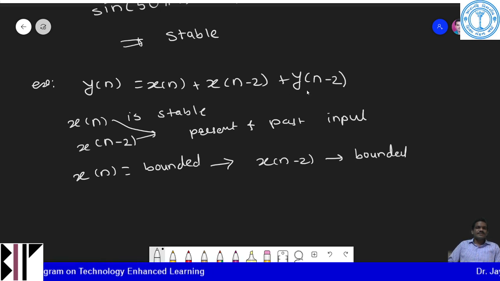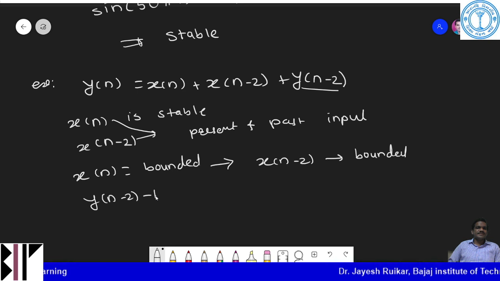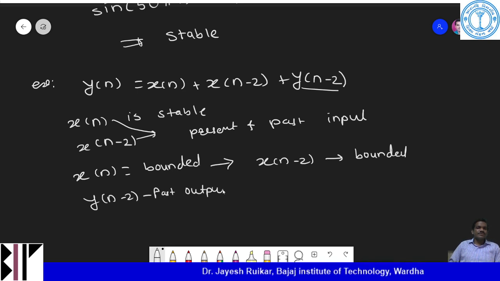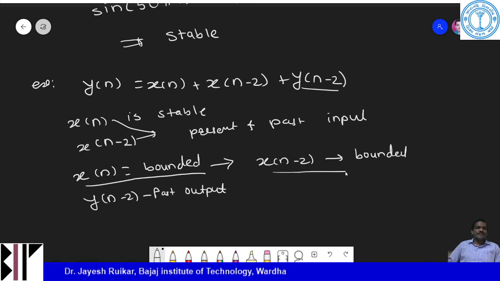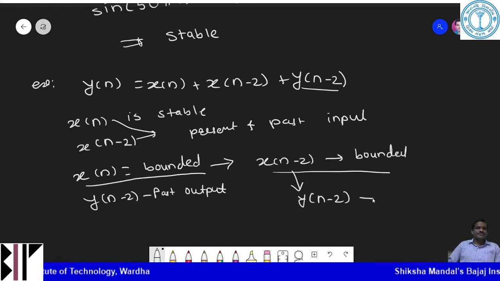Okay, it is another term, y of n minus t. Y of n minus t is nothing but the past output. So if x of n is bounded, x of n minus 2 is bounded, this implies y of n minus 2 is also bounded.